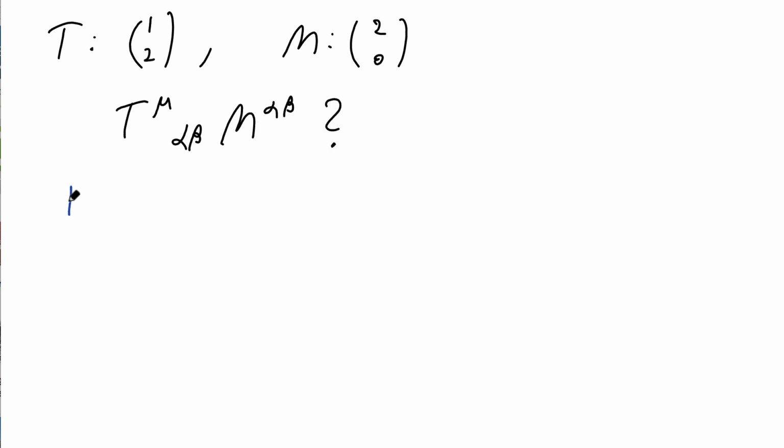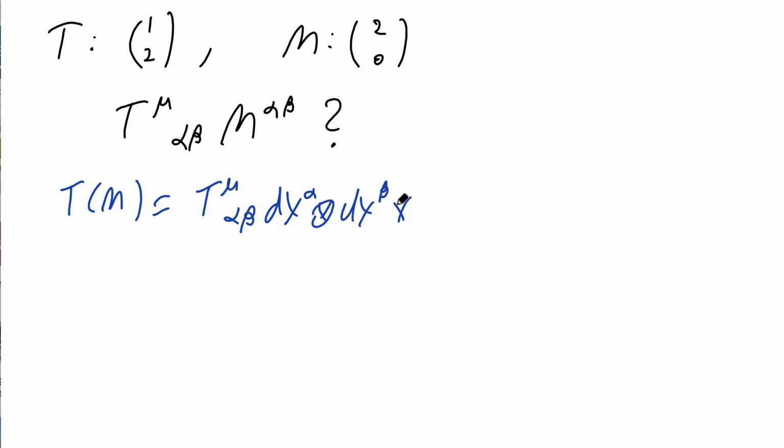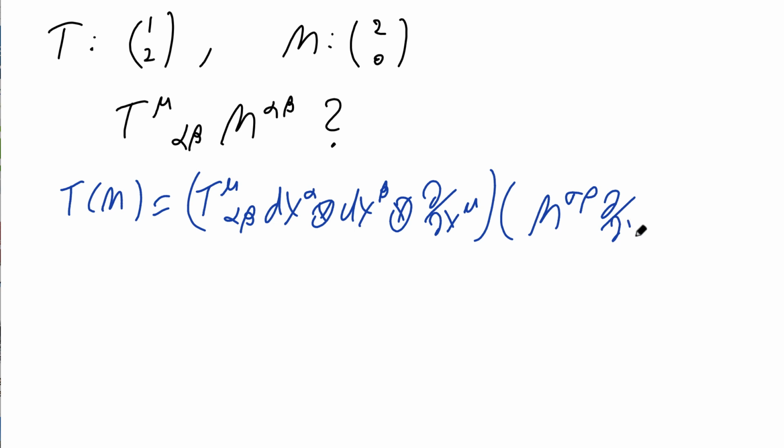We can think of this as T acting on M, so that's T^μ_{αβ} dx^α ⊗ dx^β ⊗ ∂/∂x^μ acting on M^{σρ} ∂/∂x^σ ⊗ ∂/∂x^ρ.